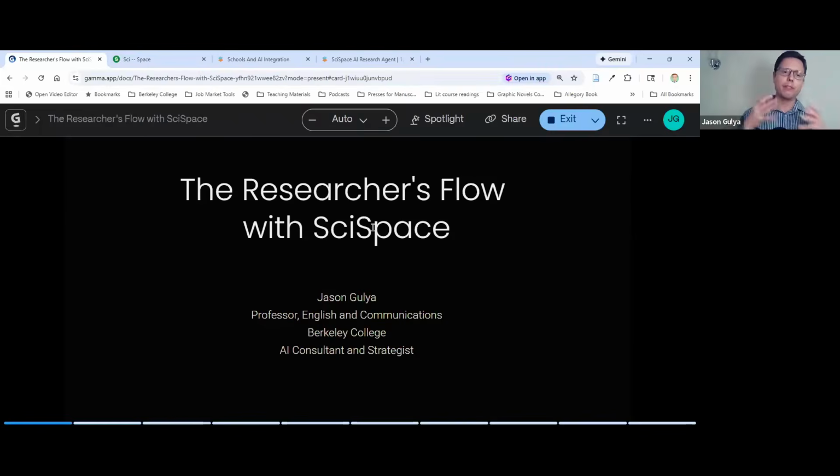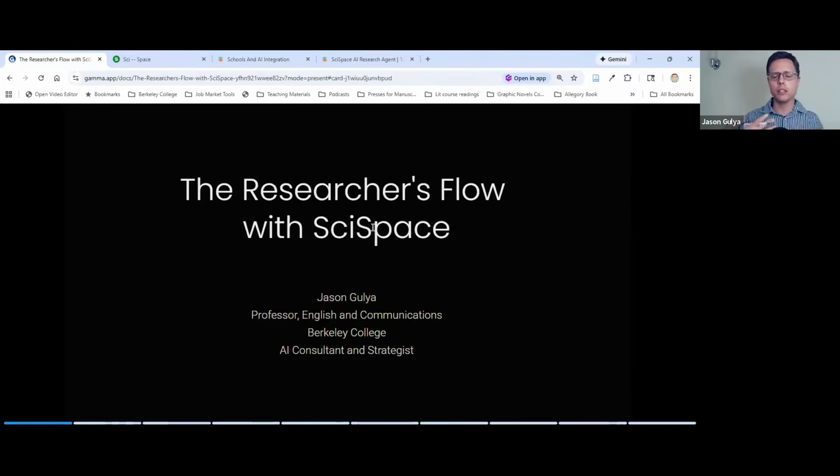So, what I'm really going to focus on today is what a research flow looks like, right? Really, really practical. Thinking about if we go in and use a program like this, how can we approach it? What can we do? And this is not going to all be about AI, because I don't think it should all be about AI. A lot of it is about extending research methods, right? That's what I'm going to lead with.